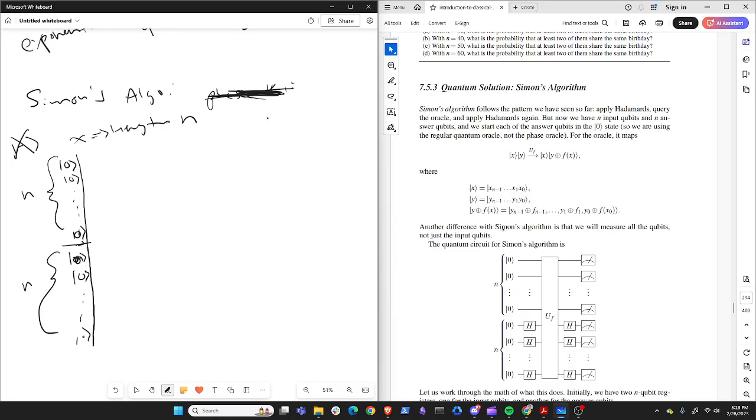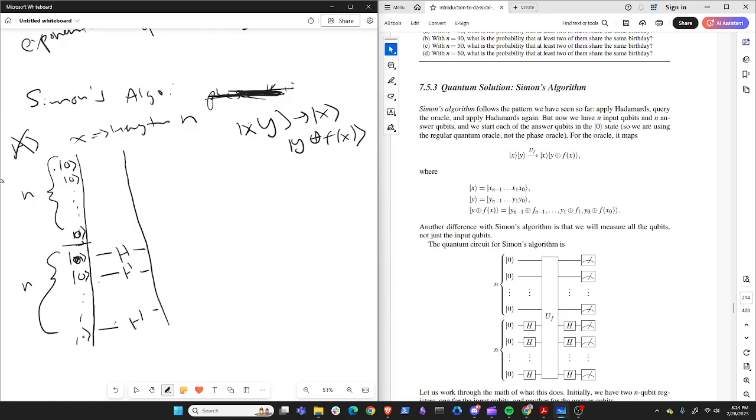So we know that for a normal oracle like we saw, it maps x and y to x, and then y is XORed with f of x as the oracle output. Actually, sorry, let me finish drawing out the rest of this circuit. So all of our input qubits are going to get passed through Hadamard gates, but the answer qubits remain at 0.